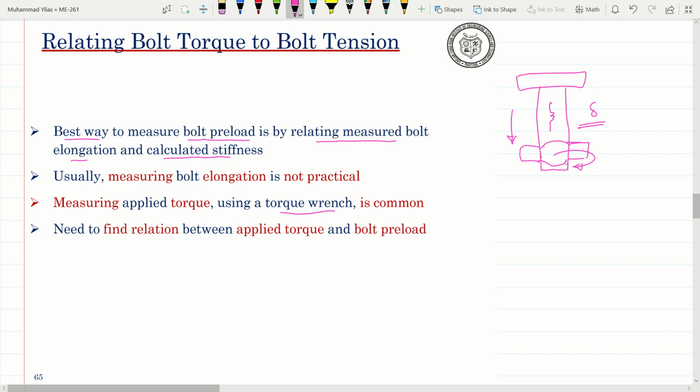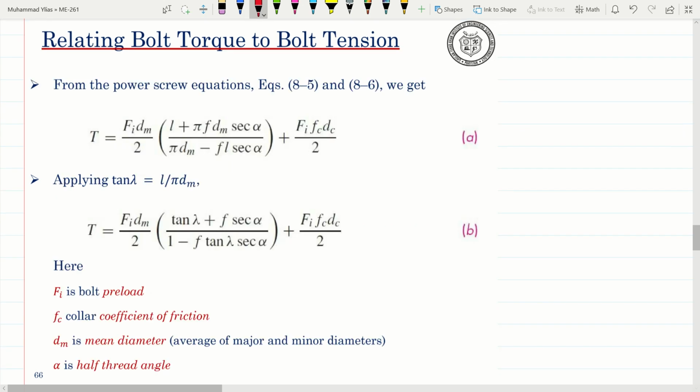Now how much torque we need to apply? For this, we try to find a relationship which relates this applied torque with the bolt preload. Now we turn to equations 8-5 and 8-6, and we replace the force with the initial bolt preload.